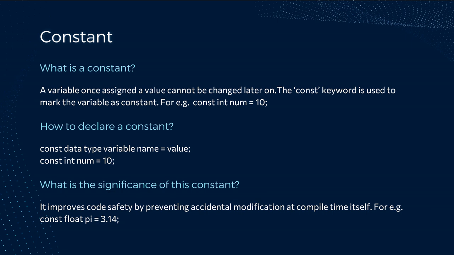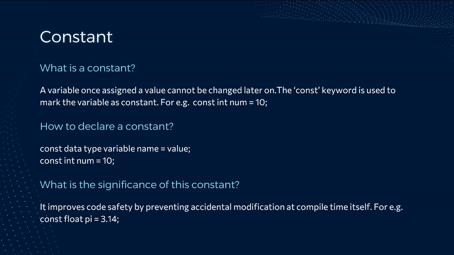And what is the significance of this constant? It improves code safety by preventing accidental modification at compile time itself. As you know, a constant cannot be changed once declared and assigned the value. So it basically prevents accidental modification. You cannot modify it later on.